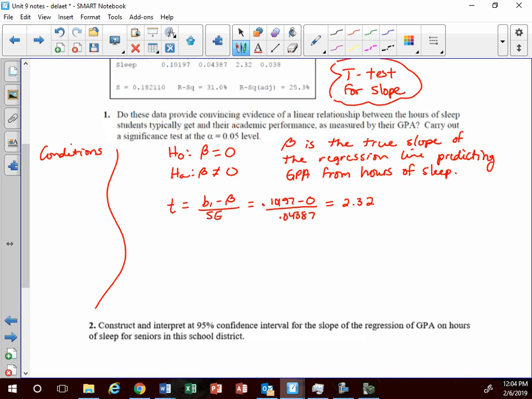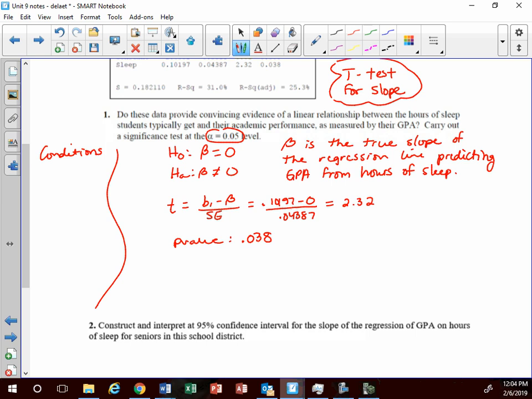Now you could do this on your calculator to get your p-value, but do we already know the p-value? Yeah, it's given to us. What is our p-value? 0.038. Okay. What do we say now based on alpha of 0.05?